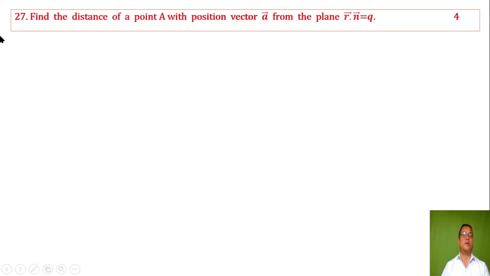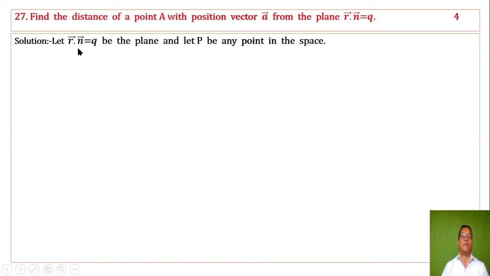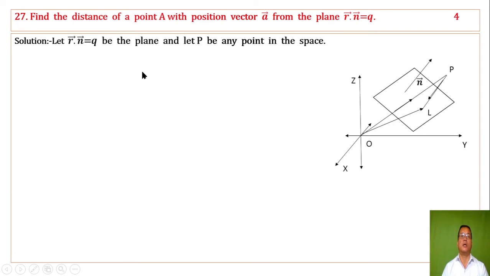Question number 27. Find the distance of a point A with position vector a from the plane r vector dot n vector equal to q, 4 marks. Let r vector dot n vector equal to q be the plane and let P be any point in the space.